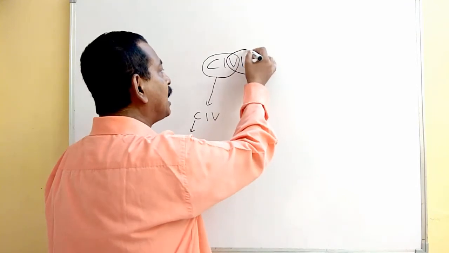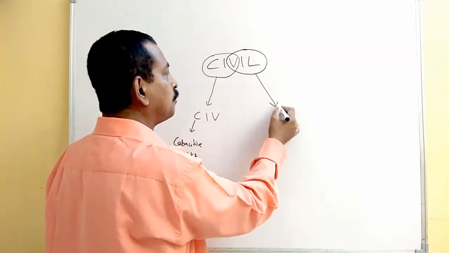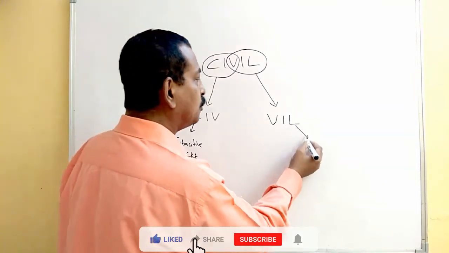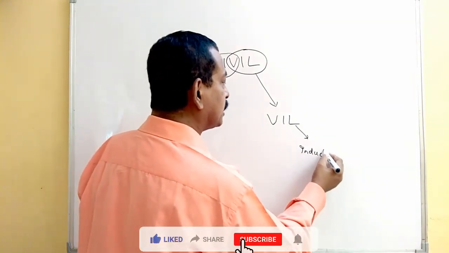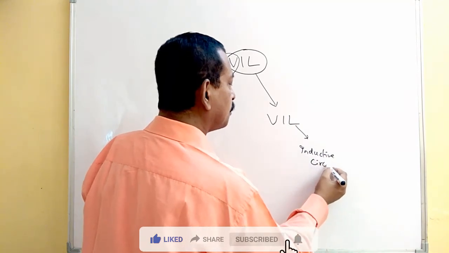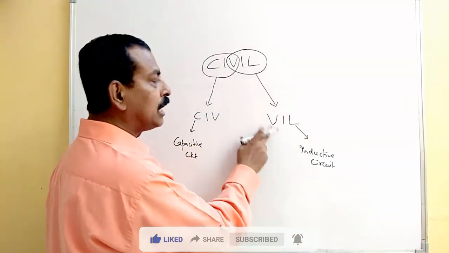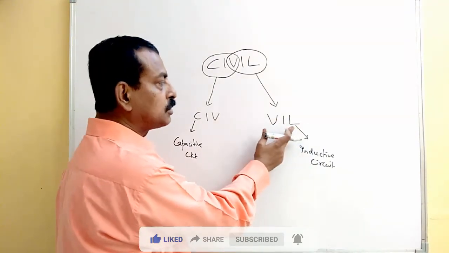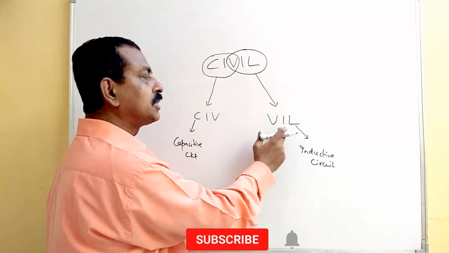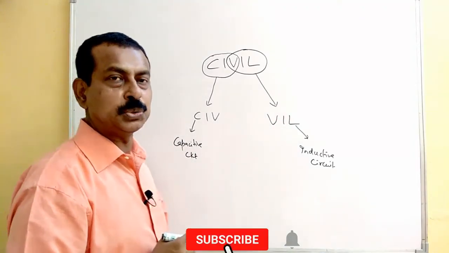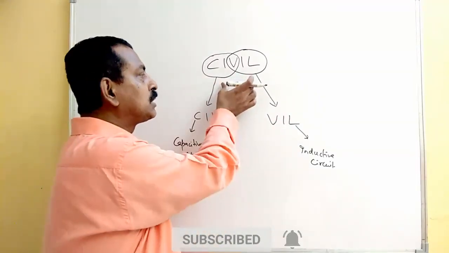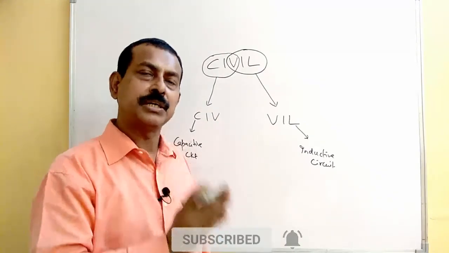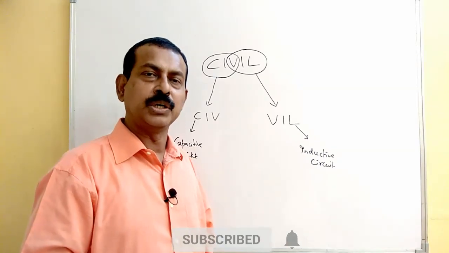Similarly, if you take the last three, it is VIL. This L we are using for the inductive circuit. So again you can see, this time V is coming first and then I. So in an inductive circuit, instantaneous voltage will lead instantaneous current by pi by 2. So if you just remember this word, you can easily recall the phase relationship between instantaneous current and instantaneous voltage there.